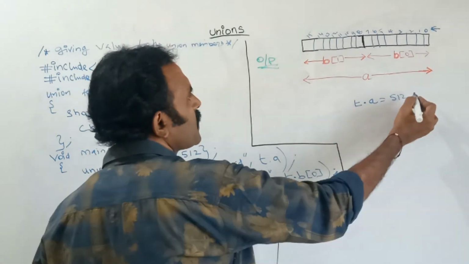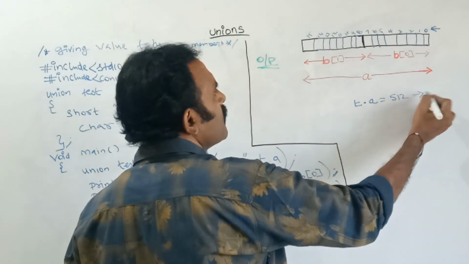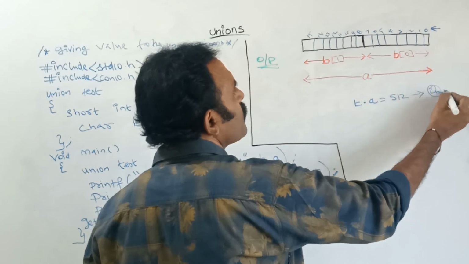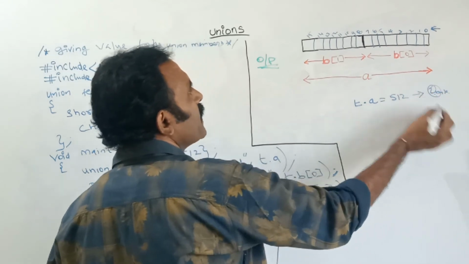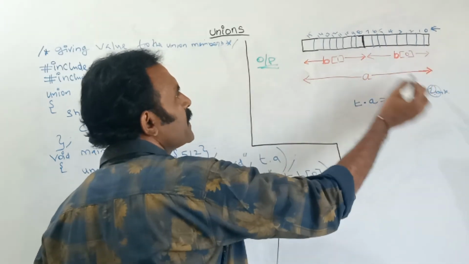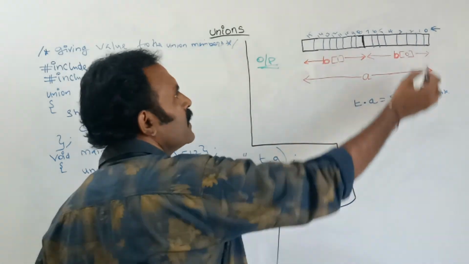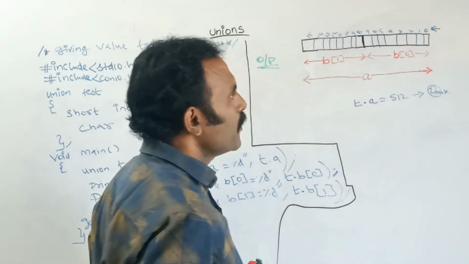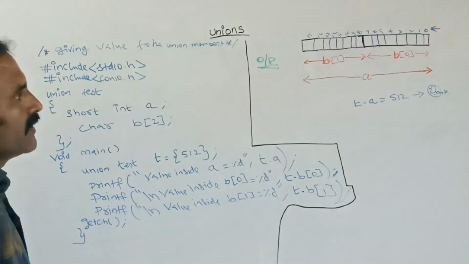For the A totally it has by default 2 bytes. So 2 into 8, each byte has 8 bits, totally 16 bits. As it starts from 0 to 15, totally 16 bits were used for the A.